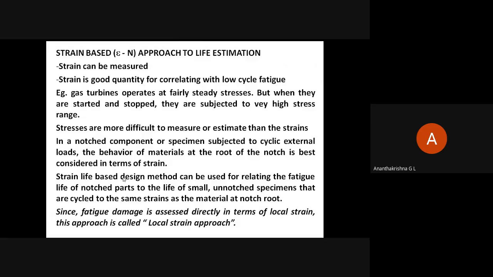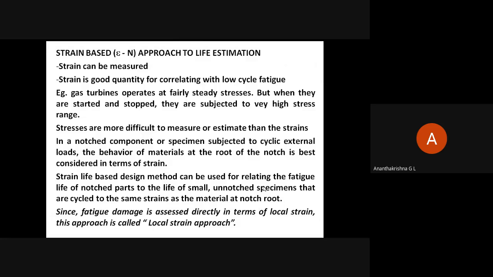Now, the strain life based design method can be used for relating the fatigue life of notched parts to the life of small unnotched specimens that are cycled to the same strains as the material at the notch root. That is, the final inference is that fatigue damage is assessed directly in terms of local strain.